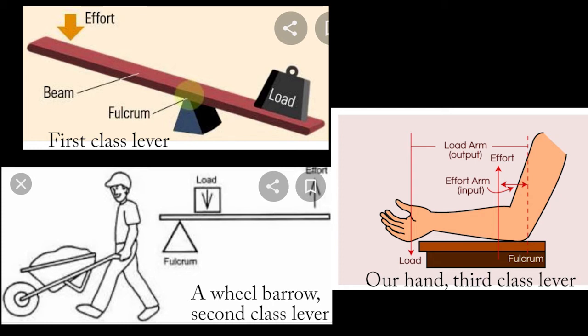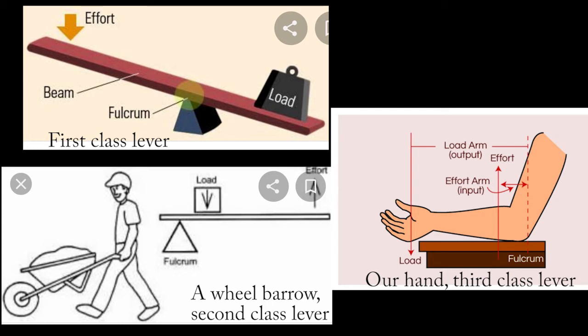I will tell you about the wheelbarrow. In case of a wheelbarrow, the dirt within this is the load. Fulcrum is the wheel and force is at the end of the handle where a person lifts it. So, it proves that the wheelbarrow is a second class lever.